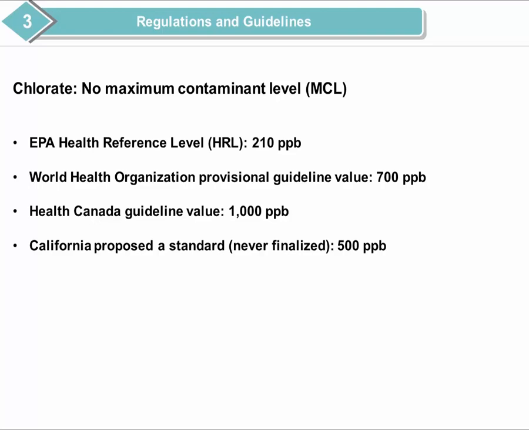However, some standards for chlorate include the EPA health reference level at 210 parts per billion, the World Health Organization provisional guideline value at 700 parts per billion, the Health Canada guideline value at 1,000 parts per billion, and the California proposed standard at 500 parts per billion, which has not been finalized.